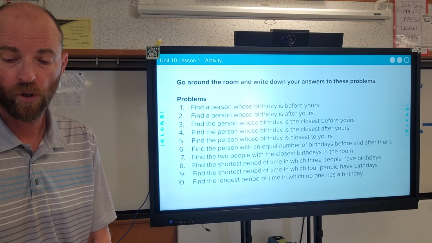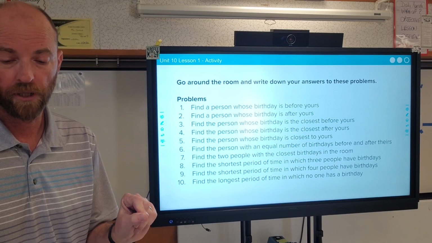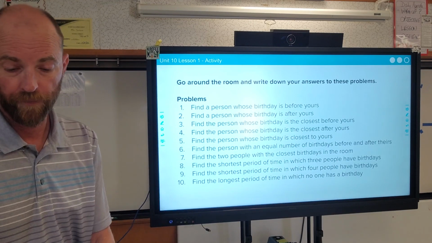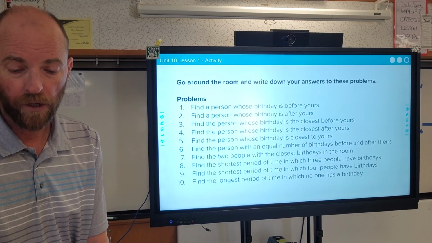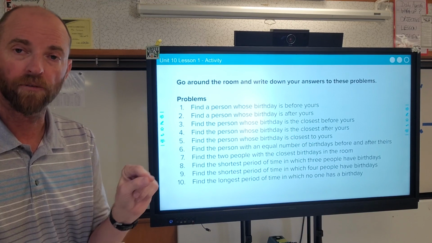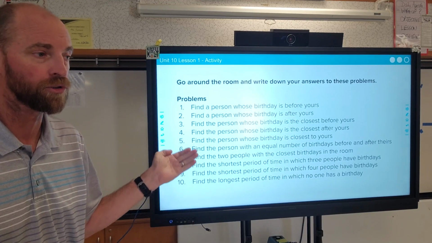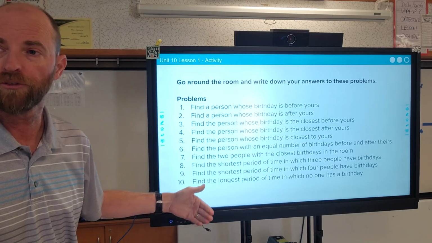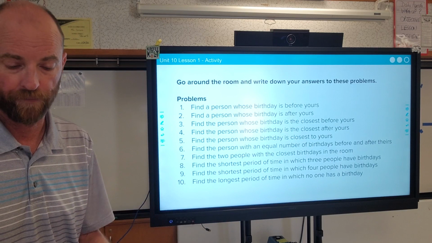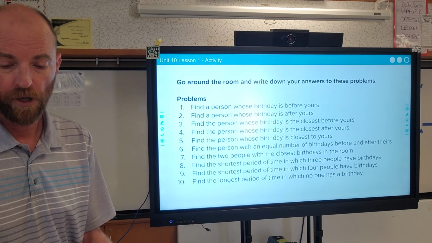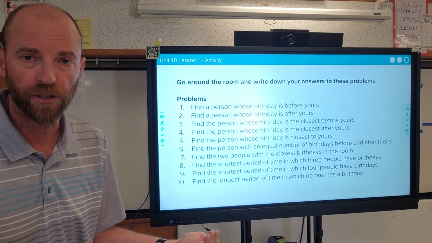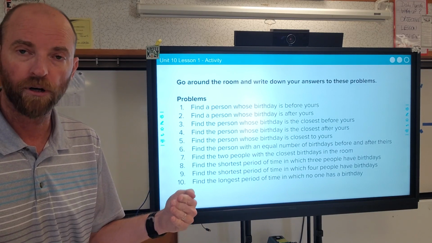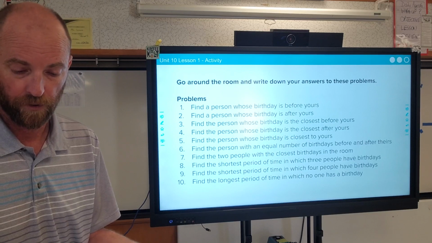So whatever strategy you use for one of those, 7 through 9, one of those would be helpful to solve the other one. So if you chose to use one way to solve problem 7, then you could also use that for 8 and 9 as well. Okay? And problem 10 is just a different version of problem 7. Okay? But instead of finding the smallest gap, you are finding the largest gap.